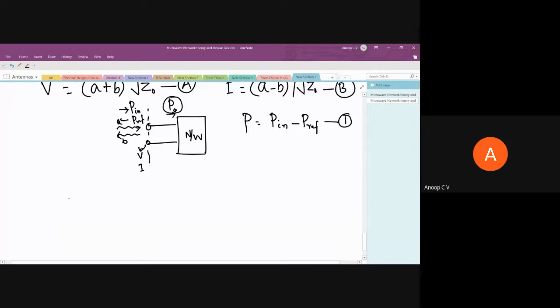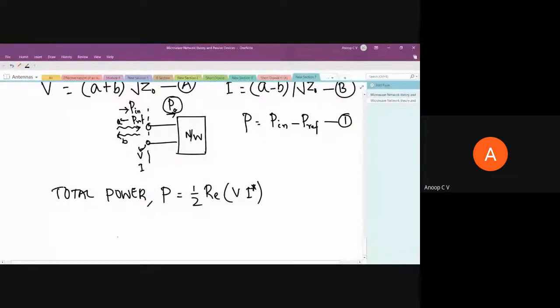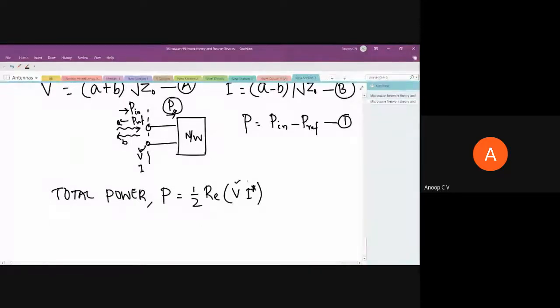So the total power P will be equal to half times the real part of V times I conjugate. This is the voltage phasor and this is the current phasor conjugate.